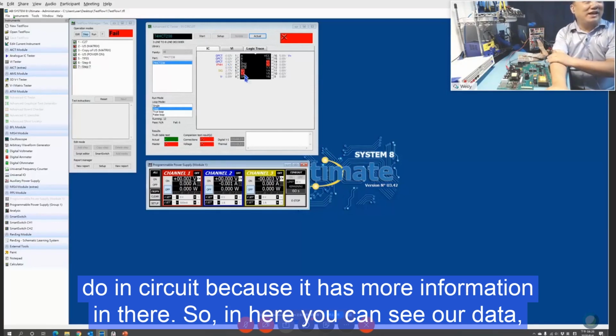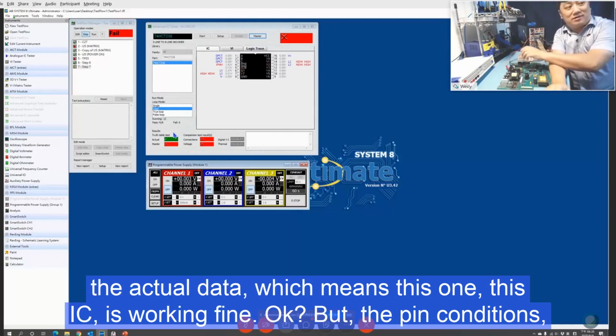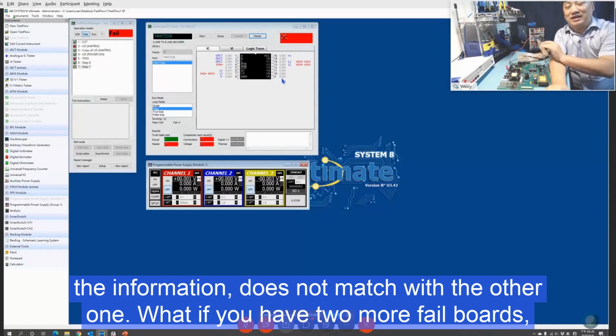So in here, you can see our data, the actual data, which means this IC is working fine, but the pin condition information does not match the other one.